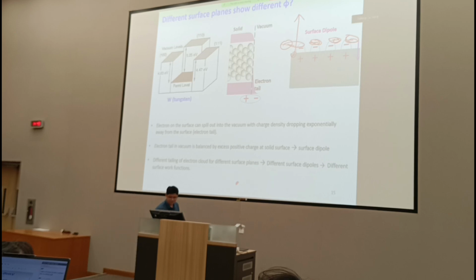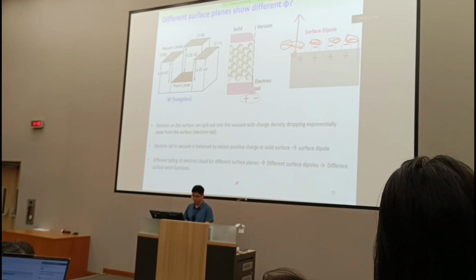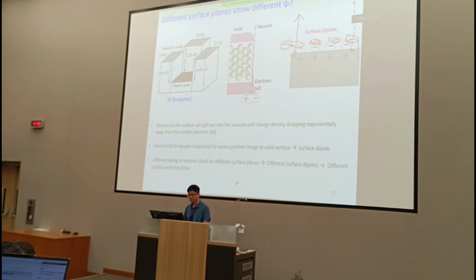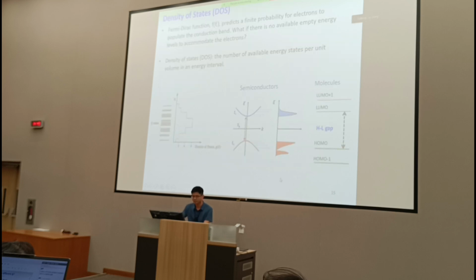But in the reverse manner, if you have positively charged molecules on the surface, then you can reduce the work function. So you can use the adsorption of molecules to modify the work function of the materials.